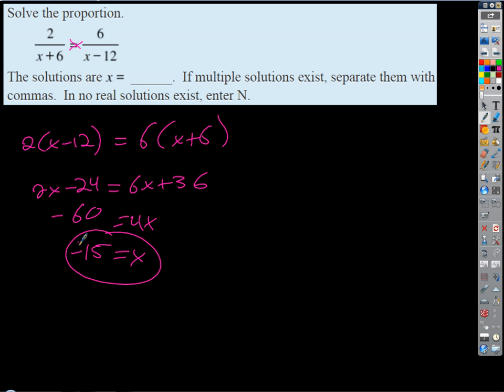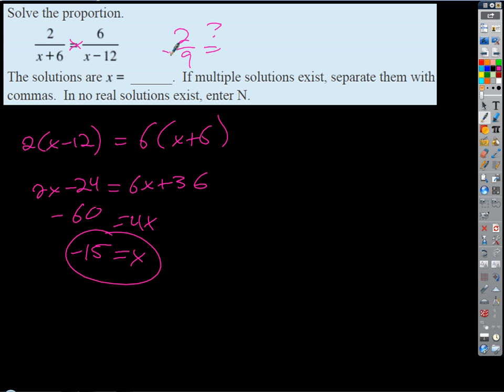Okay, and we can check it out. Does it work? That gives us 2/9 equals 6 over, what? Is that right? I guess it works. So negative 2/9, right?